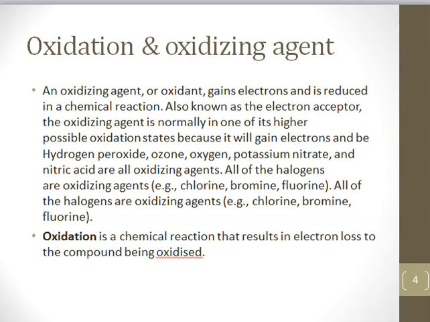Now, next is the oxidation process: a chemical reaction that results in loss of electrons in the compound which is being oxidized. So a process in which an organic compound loses electrons is called oxidation.